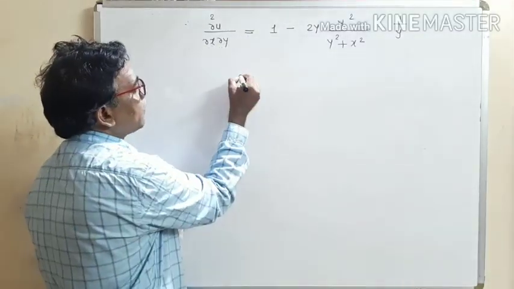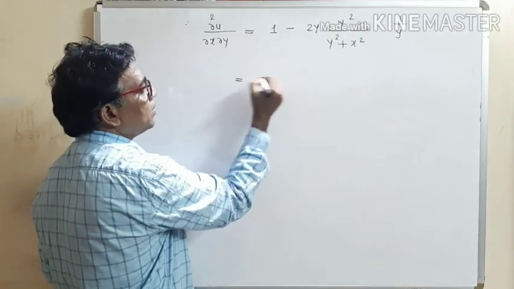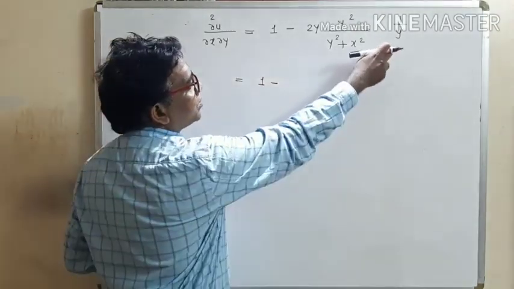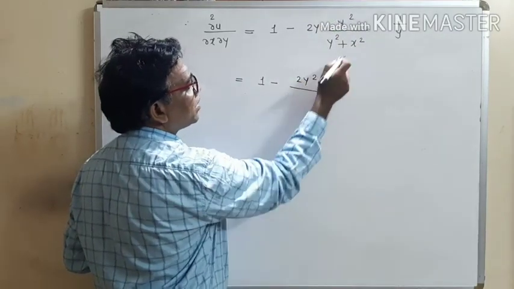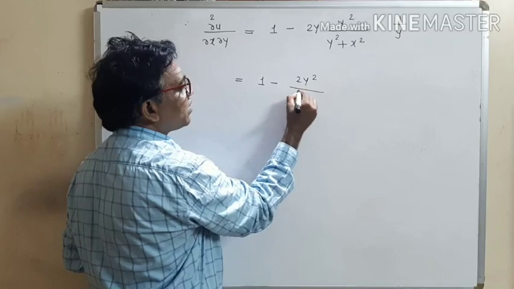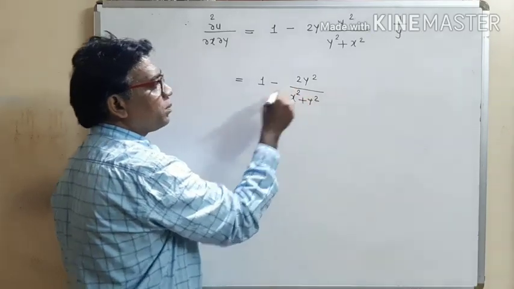So this is equal to 1 minus, now this y gets cancelled, 2y square divided by y square plus x square, we can write in the form x square plus y square.